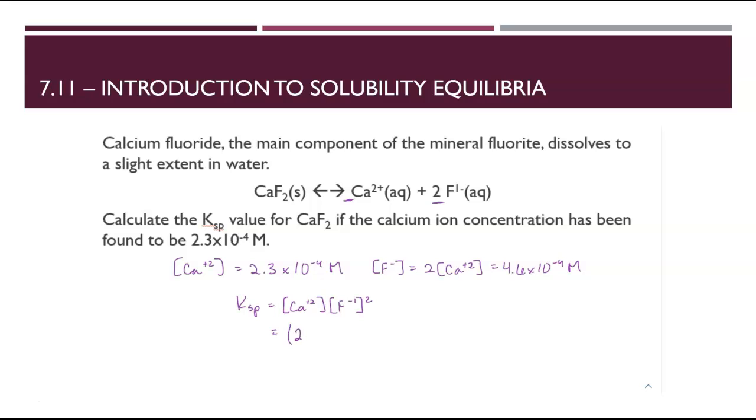Then we plug in our concentrations, and that gets us a KSP value of 4.9 times 10 to the negative 11th. So this is not very soluble at all. It's definitely an equilibrium that prefers the reactants, which in this case is the solid.